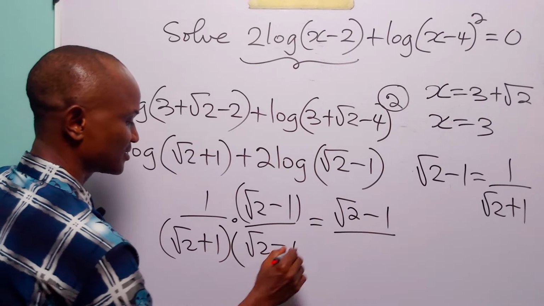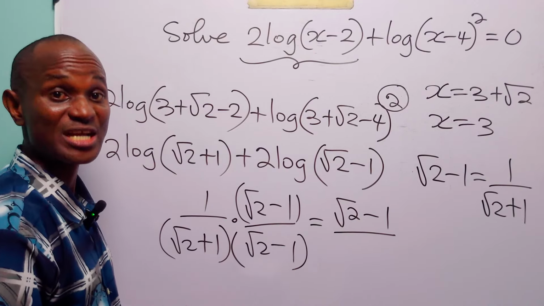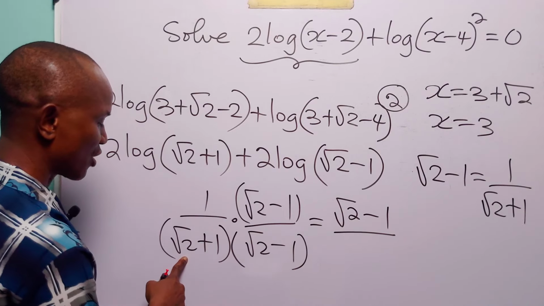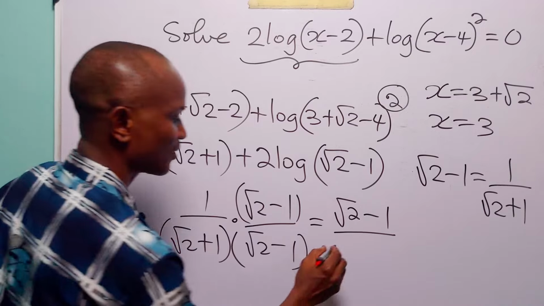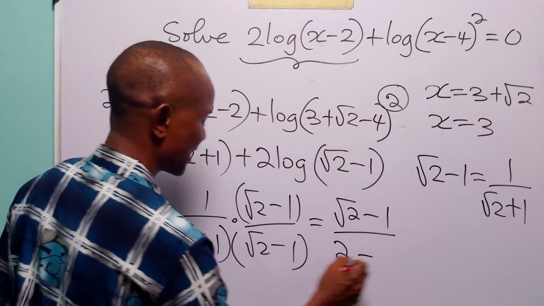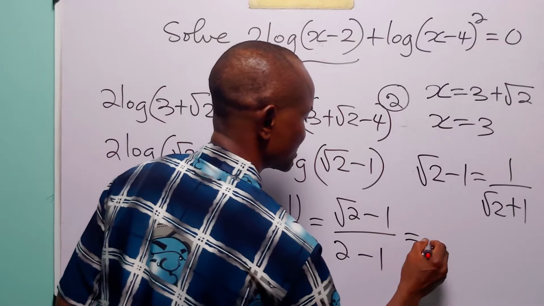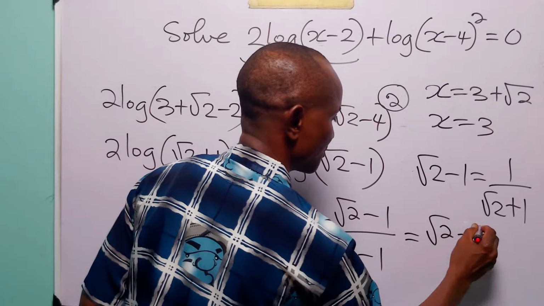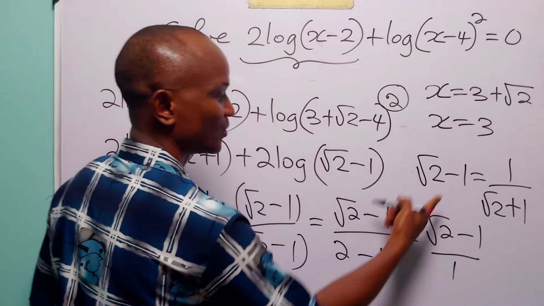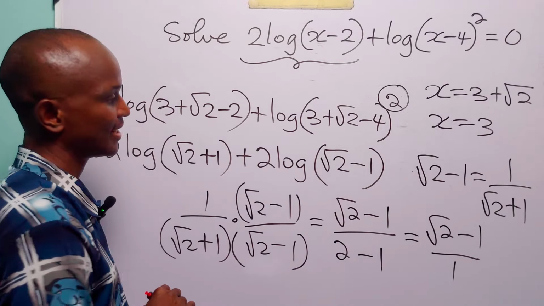Now, when you look at these two, of course, you can see the difference of two squares. So we have root 2 squared, which is equal to 2, minus 1 squared, which is equal to 1. So this is equal to root 2 minus 1 over 1, which is exactly what we have here.